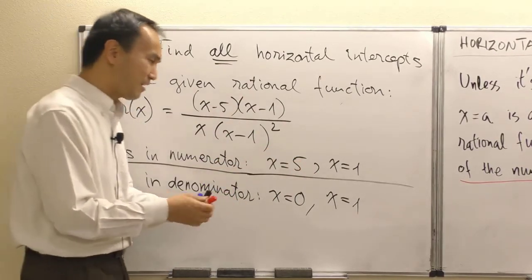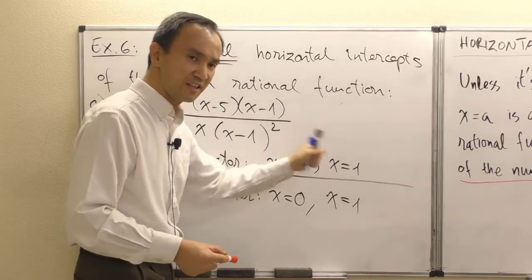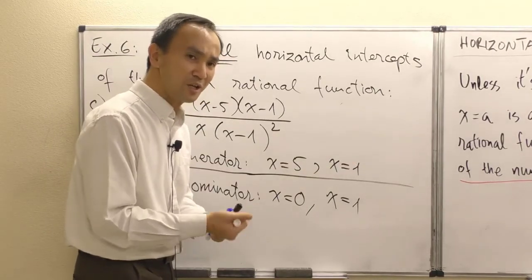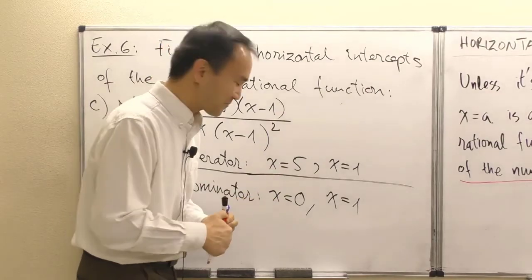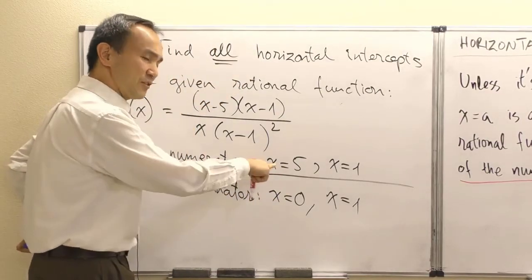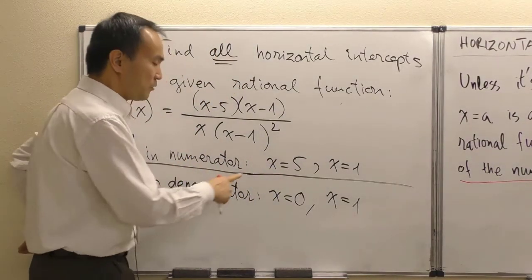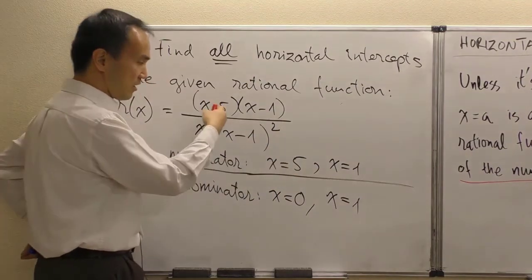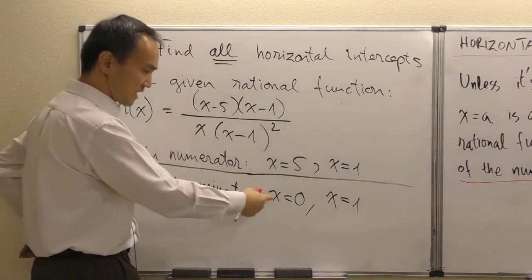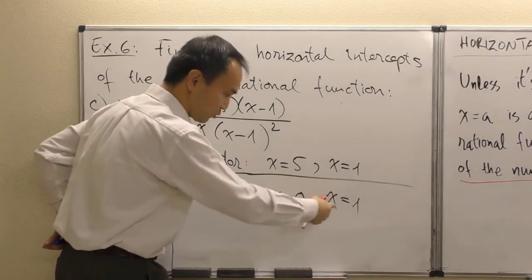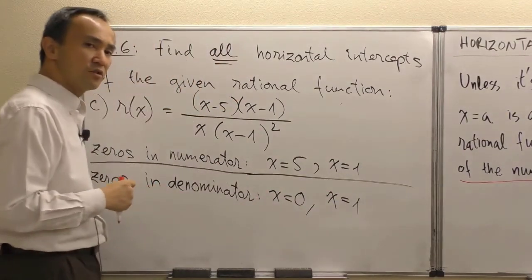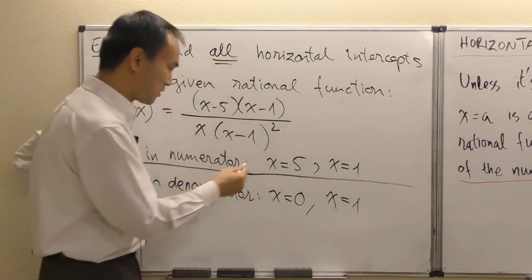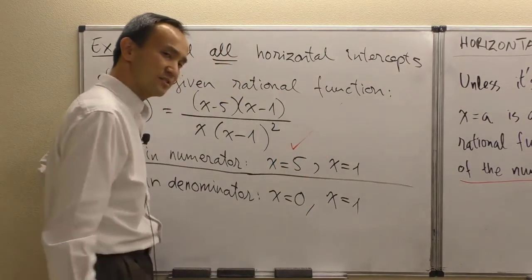All right, so now let's go through all of these candidates here one by one to determine who must be filtered out. Okay, so this first one, are we going to filter it out? Well, x equals 5 is a 0 in the numerator, but x equals 5 is not found among the zeros of the denominator. So this first one here passed.